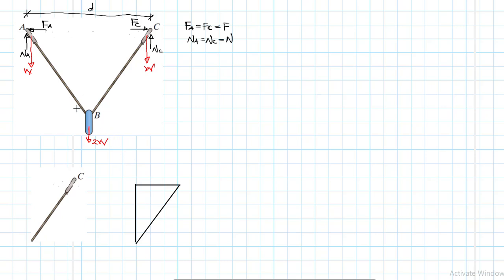There is no friction at B between the wire and the ring because the wire is smooth. And because of symmetry again, we expect the tension in the wire on the left hand side, this T, to be equal to the tension on the other side.